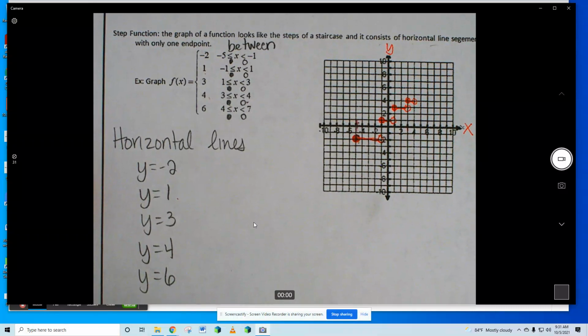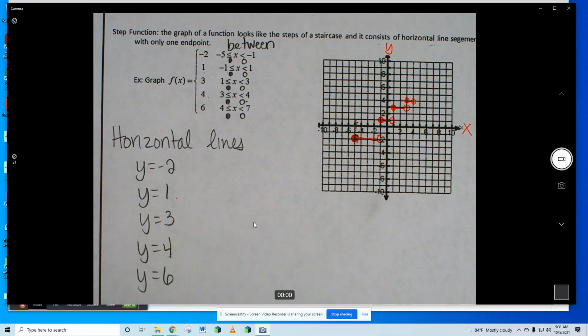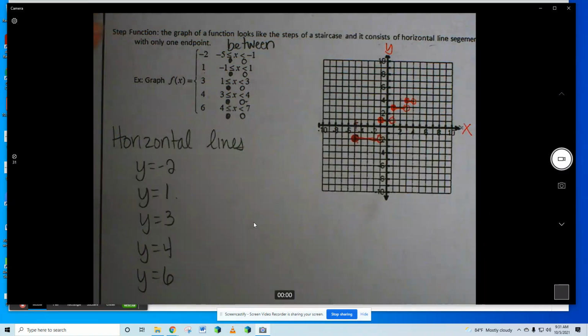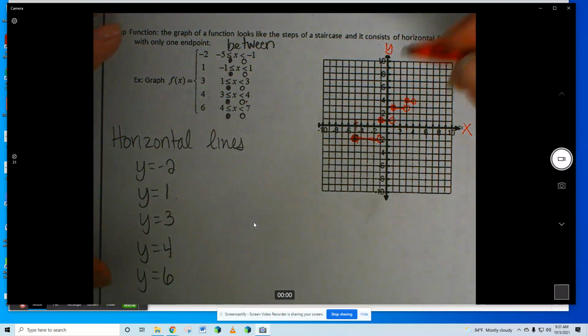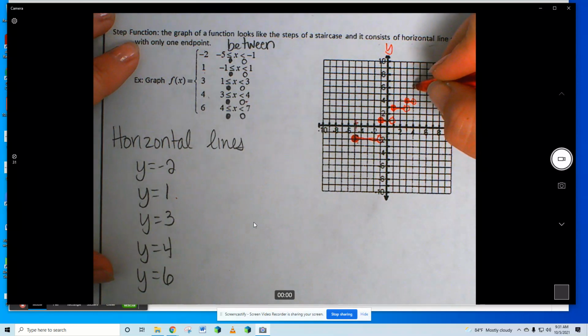And lastly, I go to y equals 6, which is a horizontal line, but I'm only graphing it between 4 and 7. Y equals 6, only between 4 and 7. Closed circle at 4. Open circle at 7.